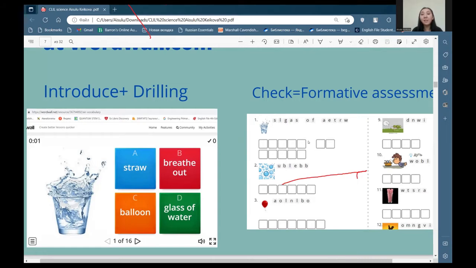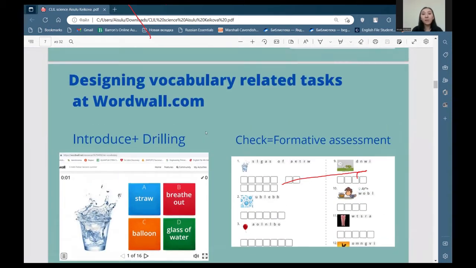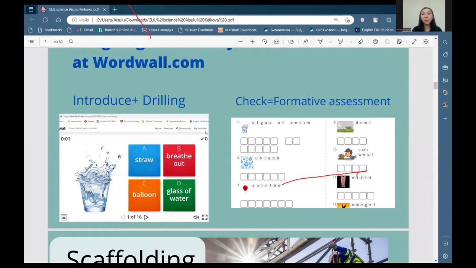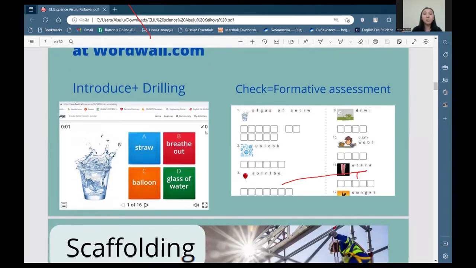For example, this exercise is really good for spelling. So children not only learn how to read and listen and pronounce, but of course they also learn how to write this new vocabulary. It probably takes 5 to 10 minutes at the beginning of the lesson. I hope this is helpful for you to practice. There are many other platforms that can be helpful to create such interactive games and print some PDF exercises as a formative assessment.